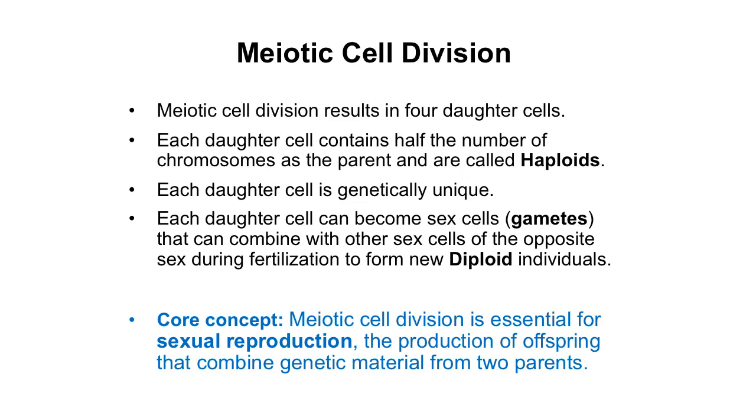So the core concept here is that meiotic cell division is essential for sexual reproduction, the production of offspring that combine genetic material from two parents, which explains the fact that if you look at your brother or sister, although you have the same parents, you still have some dissimilarities, although there are also some shared traits. And this comes about as a result of processes in meiosis and fertilization.